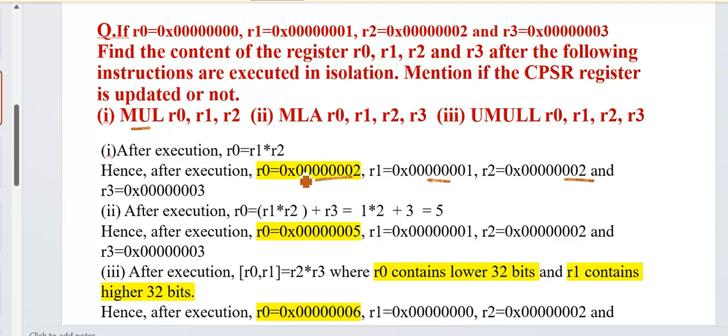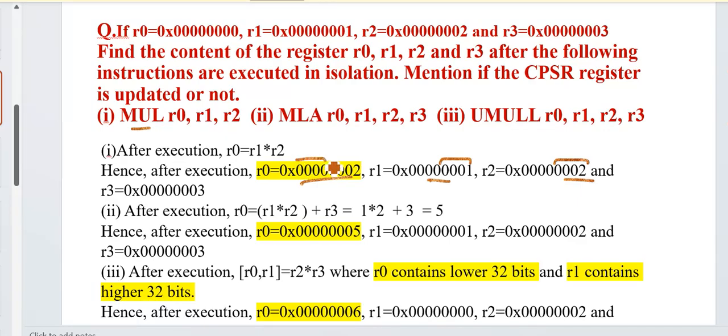In R0 we have 0x00000002. That is the multiplication of 2 and 1, which is 2 only. This is the multiplication of the lower 16-bit and lower 16-bit. The multiplication of two 16-bit values results in 32-bit.